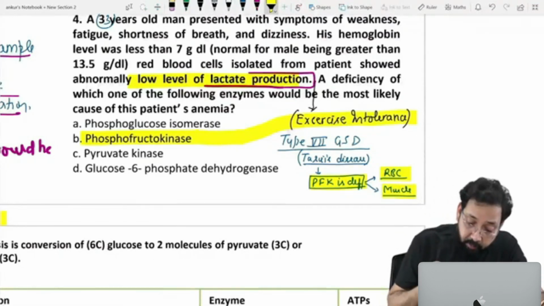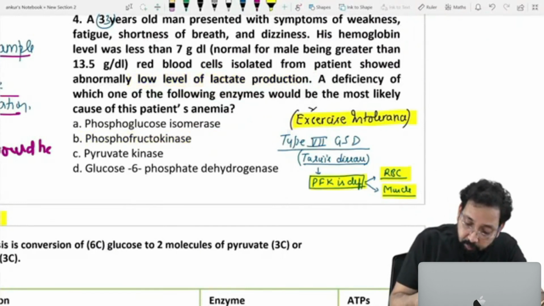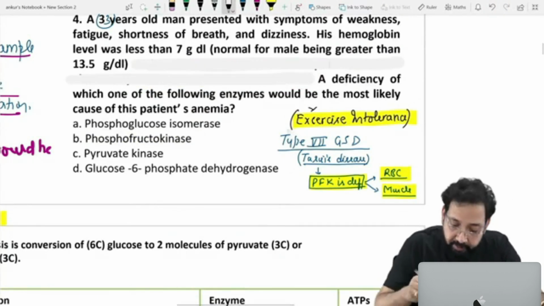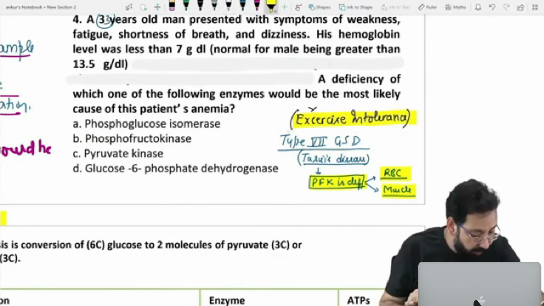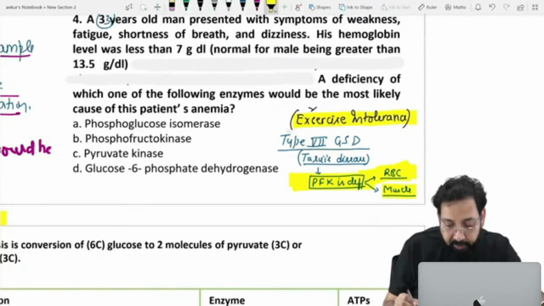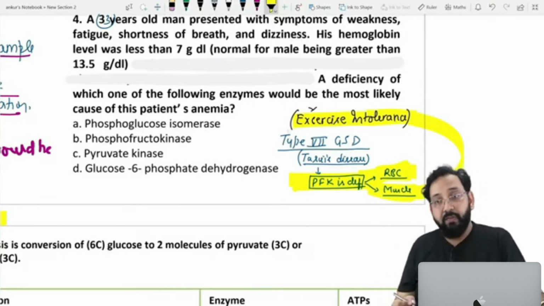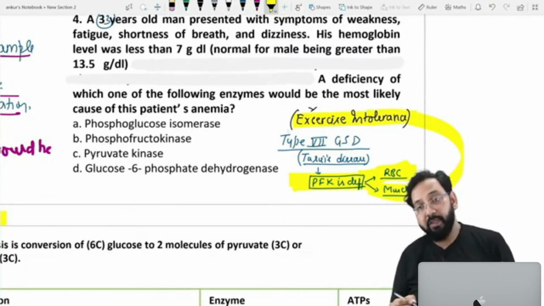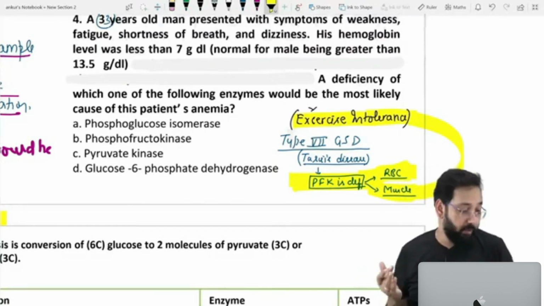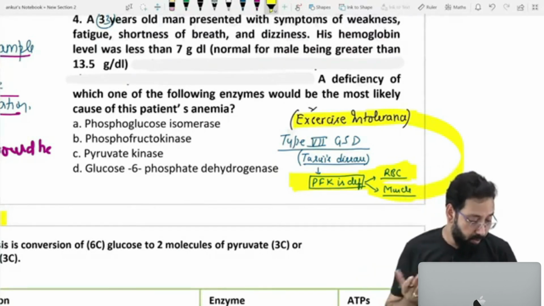If phosphofructokinase is deficient in RBC, hemolysis; in muscle, exercise intolerance. Clear?